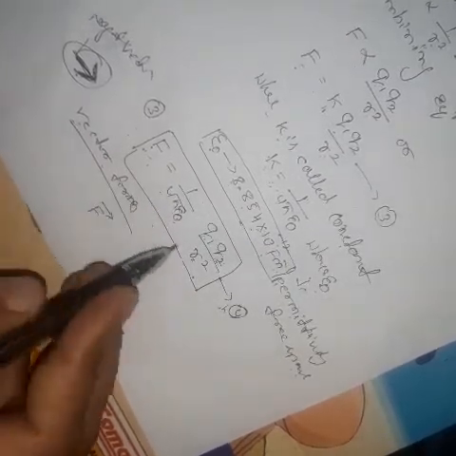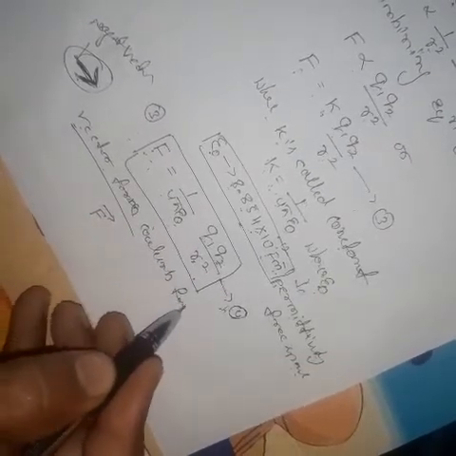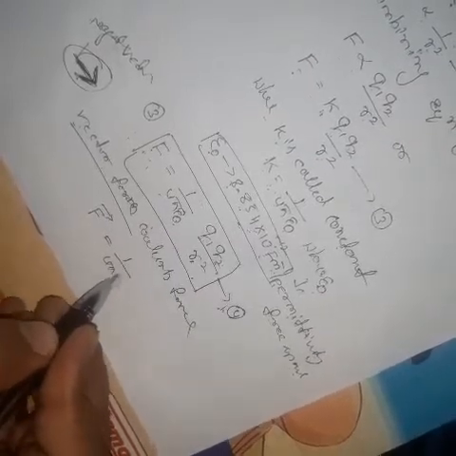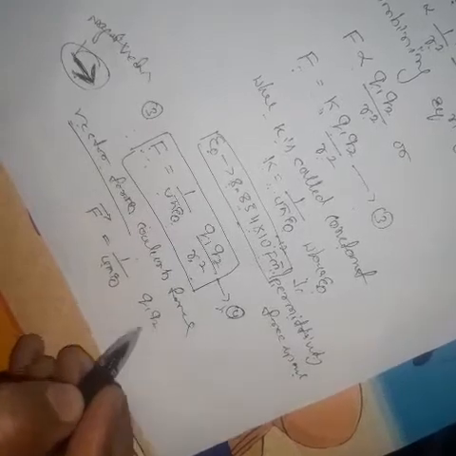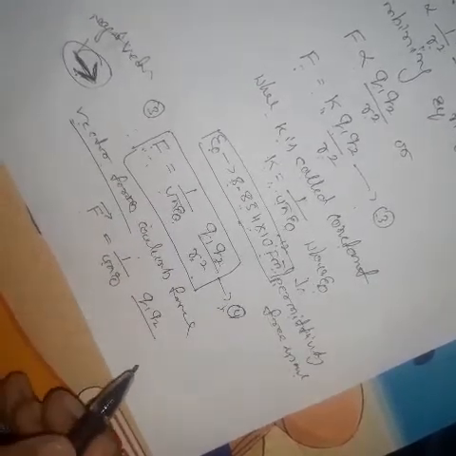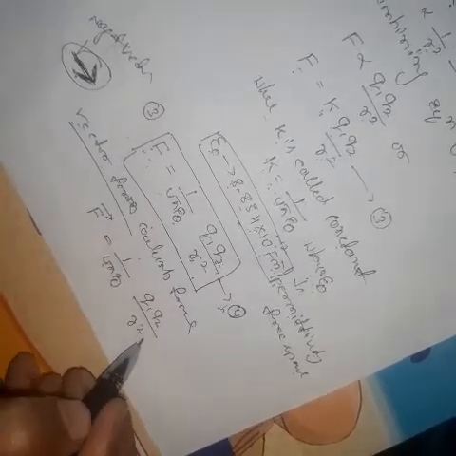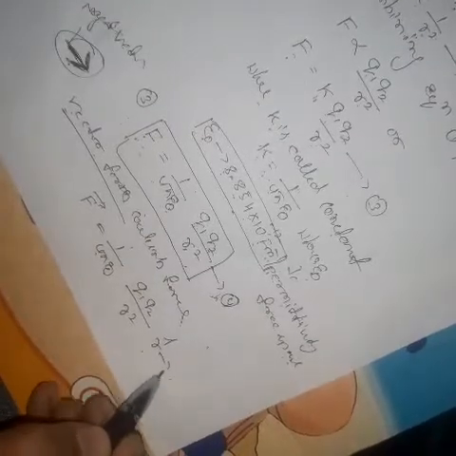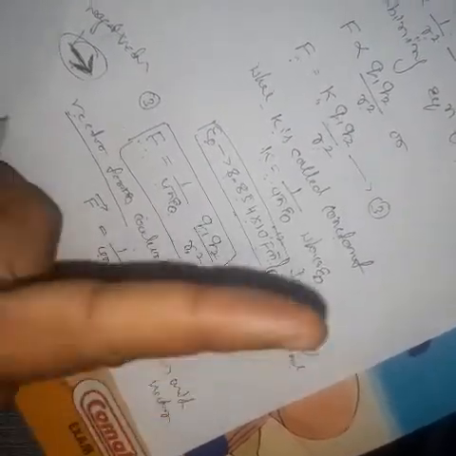The vector form of the Coulomb force is given by vector F is equal to the constant 1 by 4 pi epsilon naught, times the charges Q1 and Q2, where charge is a scalar quantity, divided by the square of the distance between them, r square, times r cap. The r cap is called a unit vector, meaning its magnitude is 1.